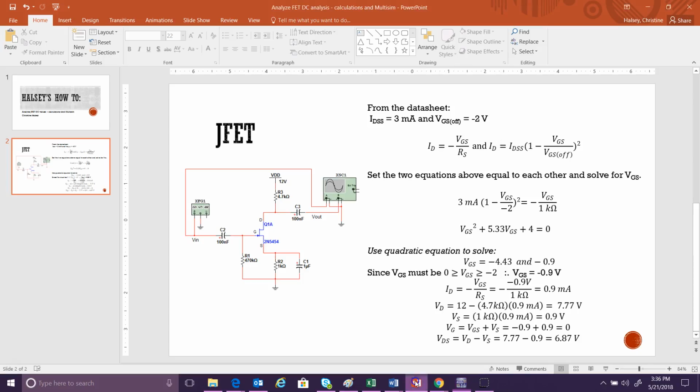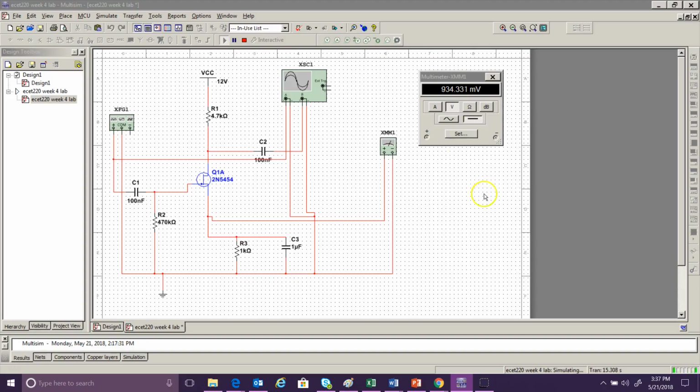And 9.34 millivolts, 0.9 volts, so 0.9 volts and 0.934 volts correspond.